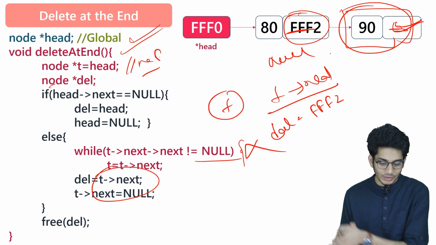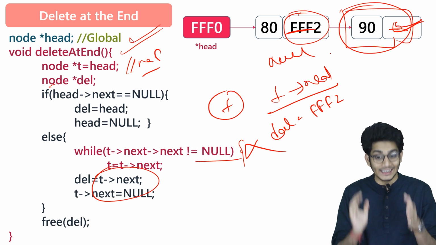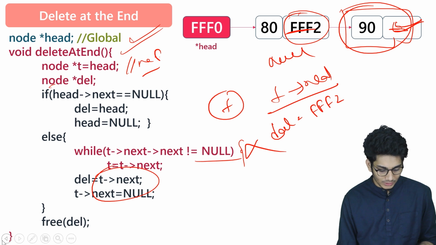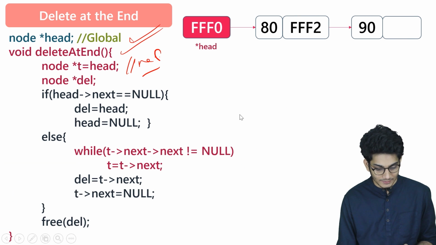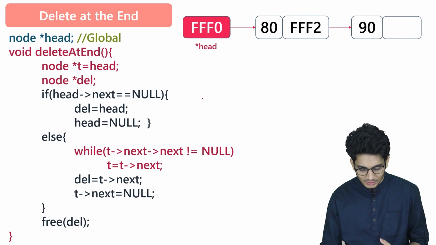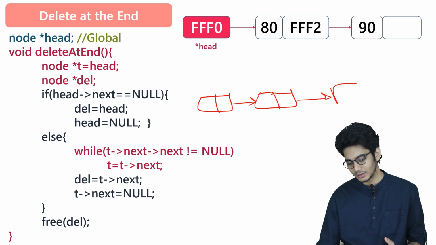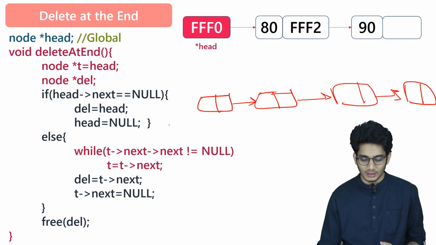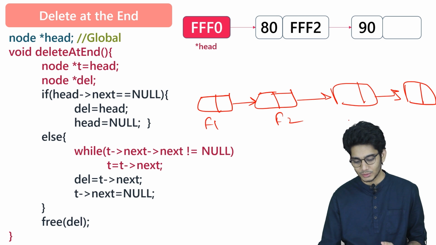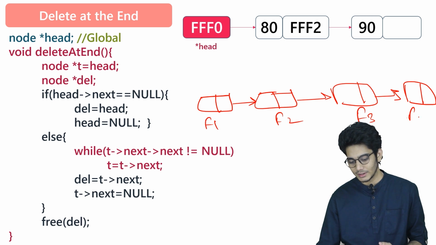Now at last we'll free del. I'll explain this thing again. So let me take four nodes. This is node A, this is node B, this is node C, this is node D. Let me take their addresses as f1, f2, f3, f4.